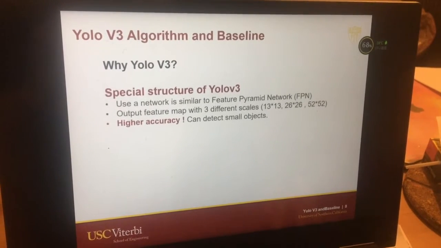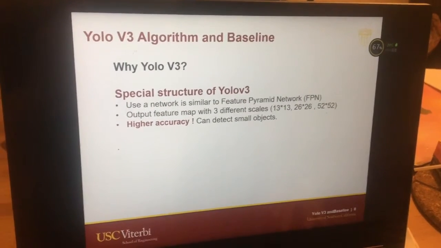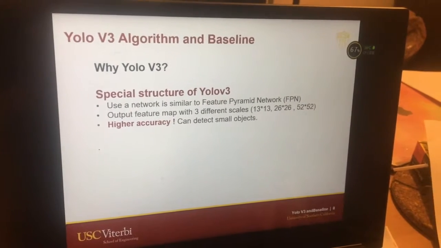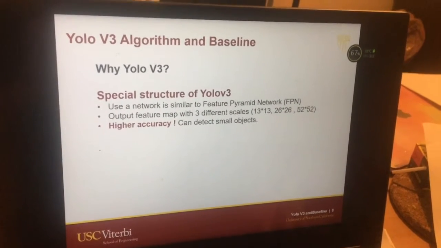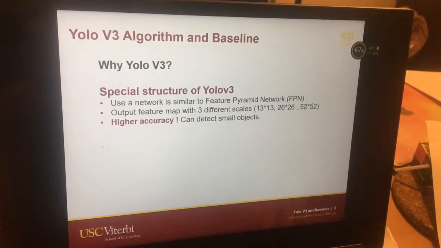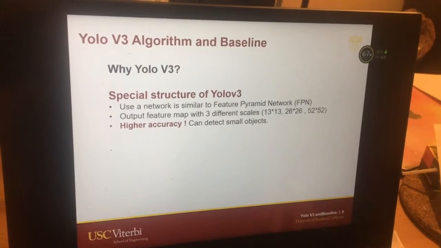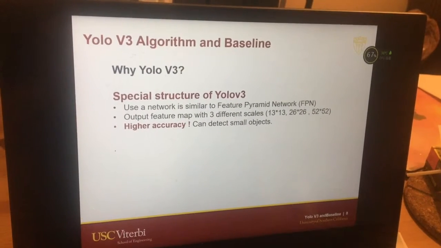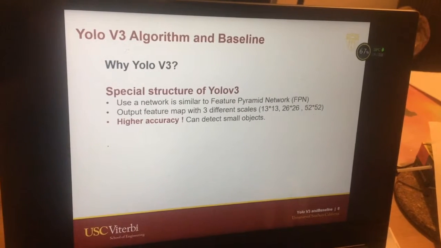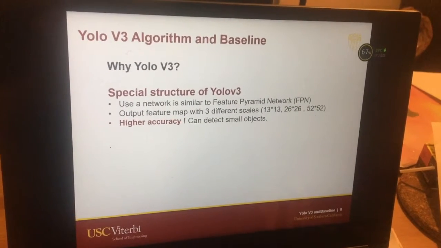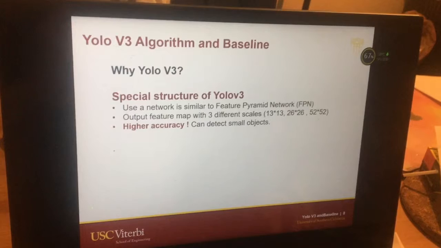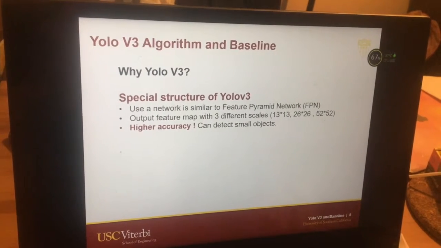Finally, because of the special structure of YOLO V3, which uses a network similar to a feature pyramid network, this structure can help us detect smaller objects because it has 3 different scales, and this gives us a higher accuracy.